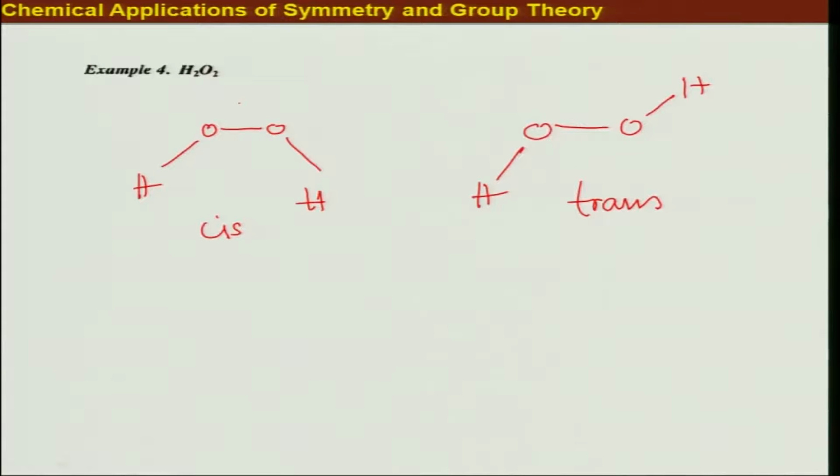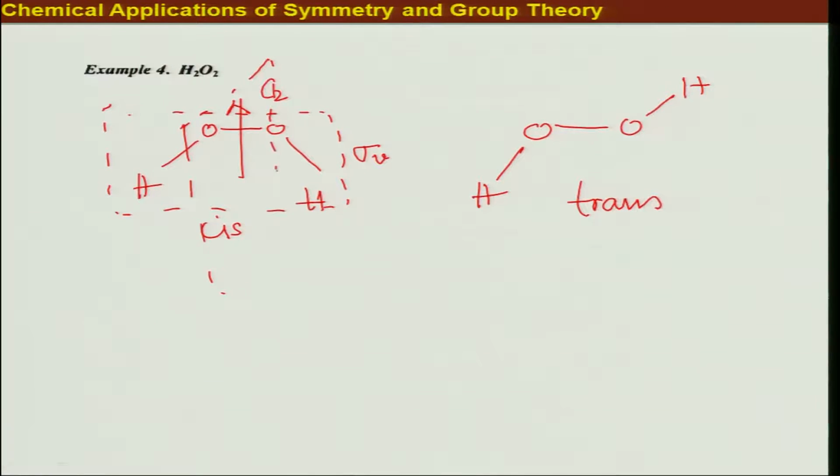This one you can see easily, you have a C2 along this axis, and there is a molecular plane containing all the atoms. So, there is one sigma, if I can just draw this molecular plane, fine. This I call sigma v, and then another one which is bisecting this O-O bond.